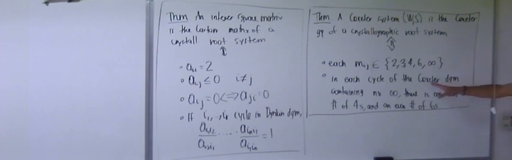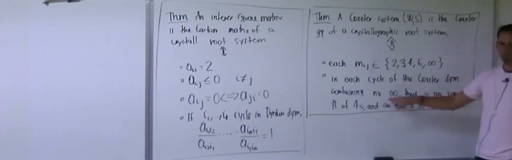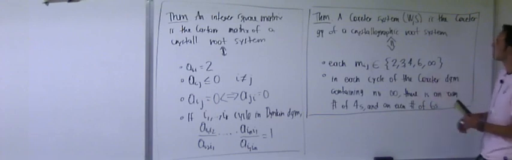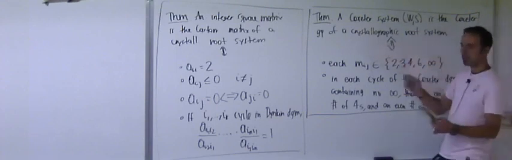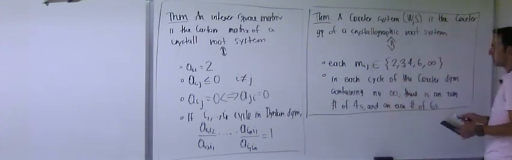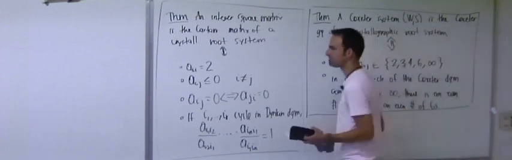All you have to do is look at the cycles, and if a cycle doesn't have an infinity, you just count the number of 4s, count the number of 6s. And if those numbers are even for every cycle, then it comes from a crystallographic root system, and otherwise it doesn't. Okay. And so my goal for today is to prove this. Okay.